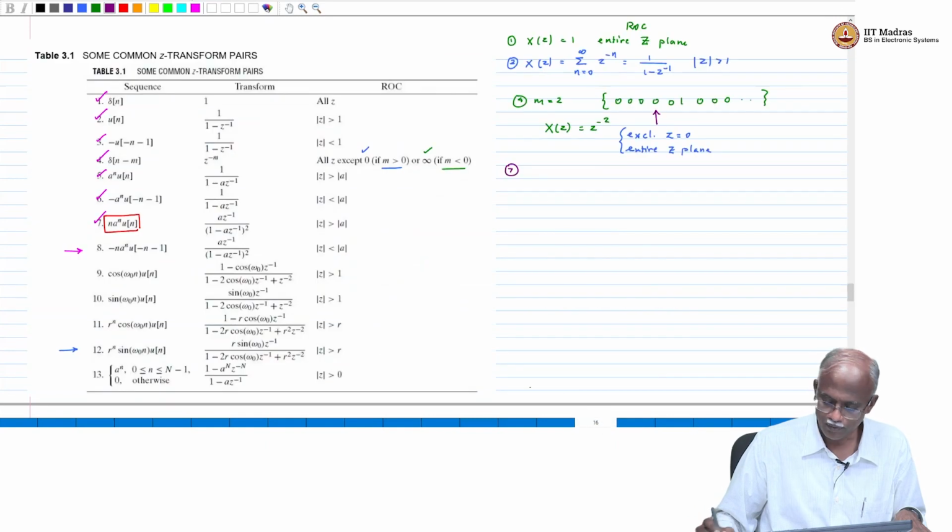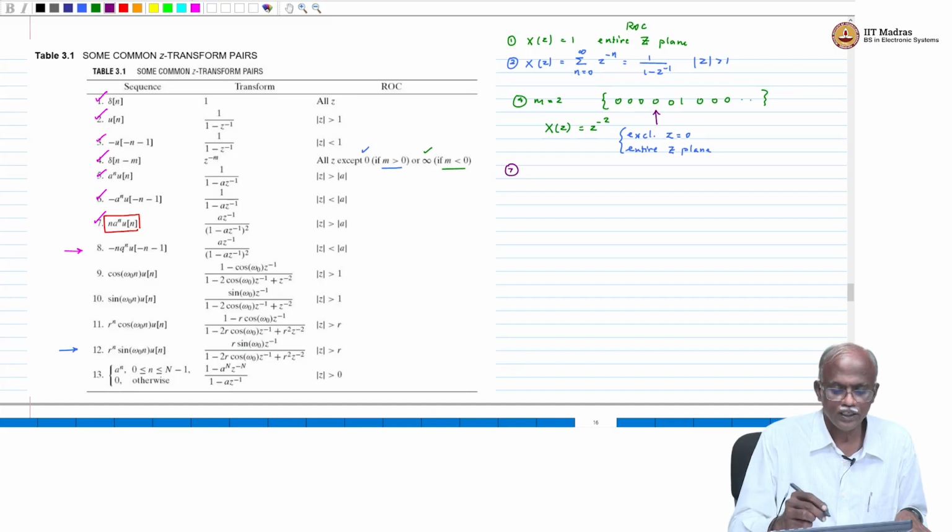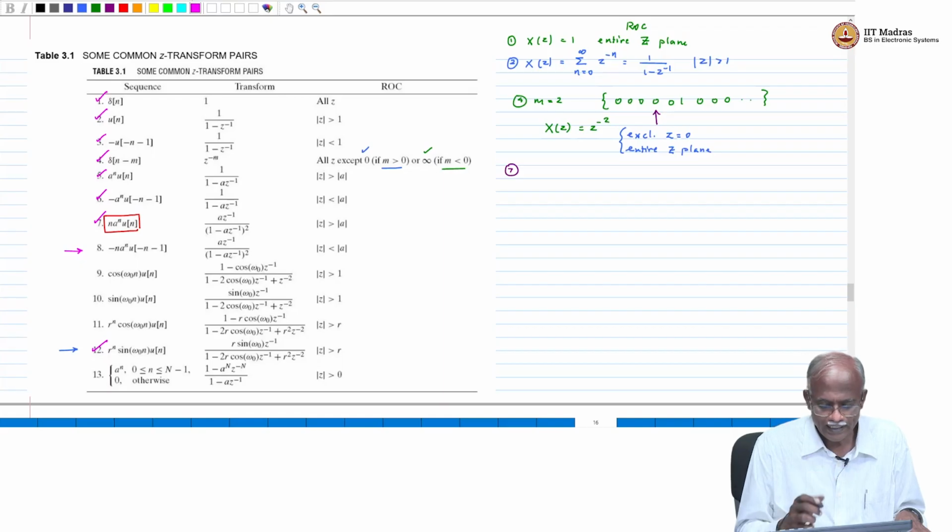Go back and look at number 16, r naught sine omega naught z inverse, and the condition is mod z greater than r. So I'm going to put a tick mark that we have just been able to verify that.